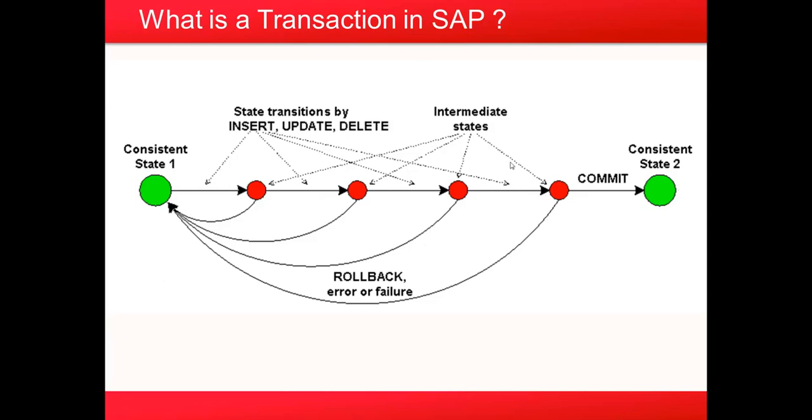And if a transaction is interrupted in between, then the database system returns the database to the state it was in before the transaction began. So whatever happened in between is rolled back. If anything is interrupted in between, it has to be rolled back to make sure that the system is in a consistent state once we bring it up again.